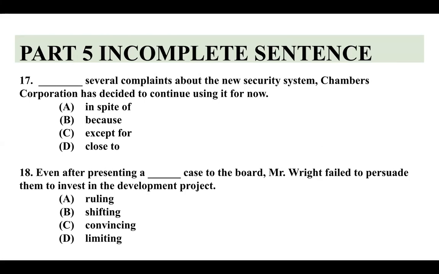Even after presenting a blah blah blah case to a board, Mr. Bright failed to persuade them to invest in the development project.